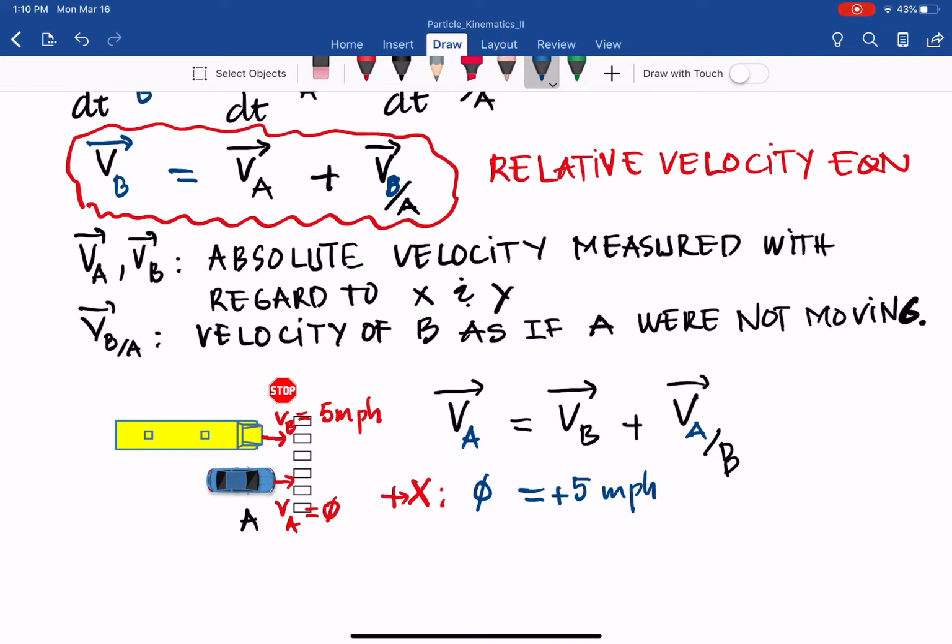And then you add the relative velocity V_A relative to B in the x direction.